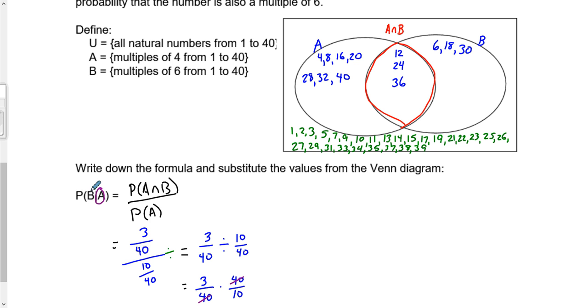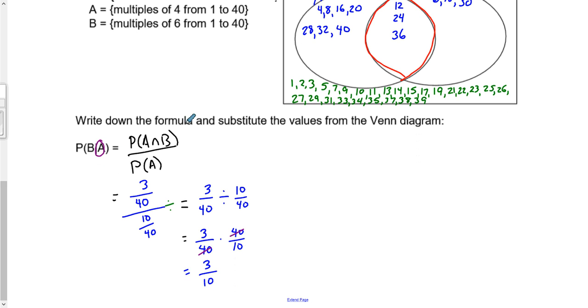How many are a multiple of 6 as well? 1, 2, 3. So there's 3 out of these 10 that are a multiple of 6, given that it's already a multiple of 4.